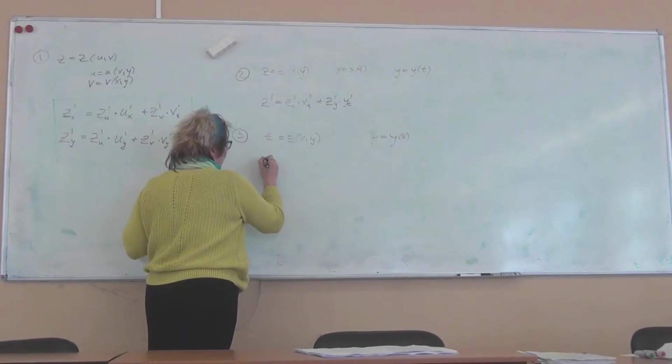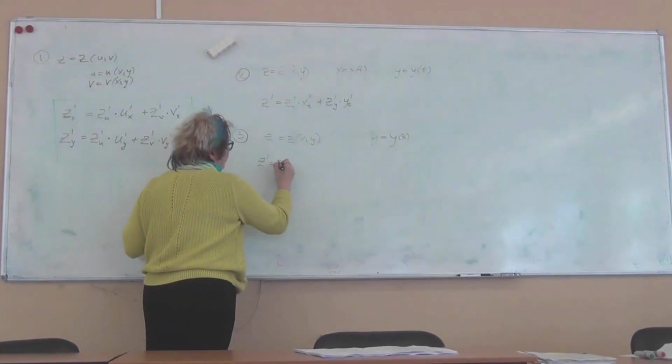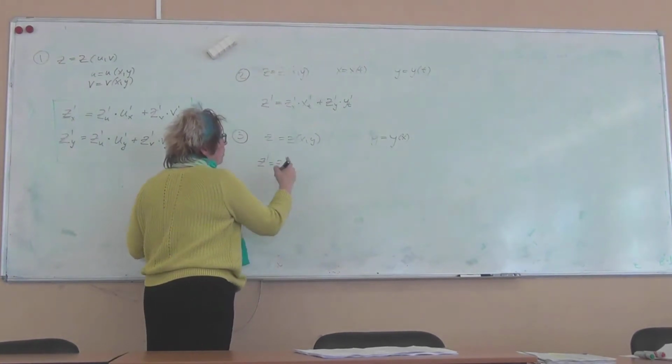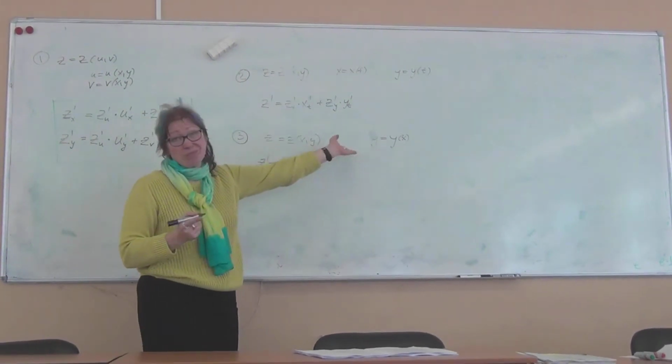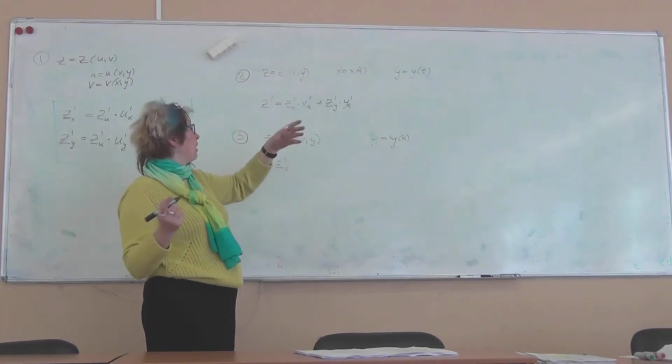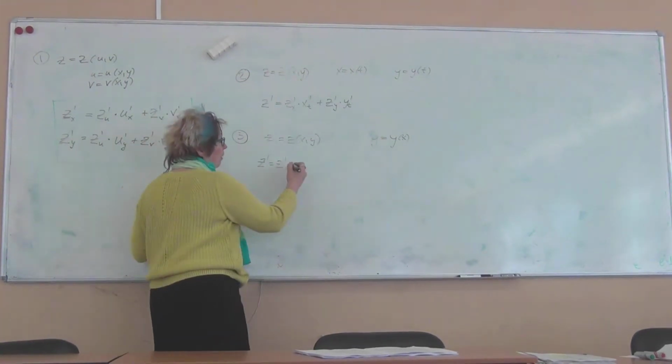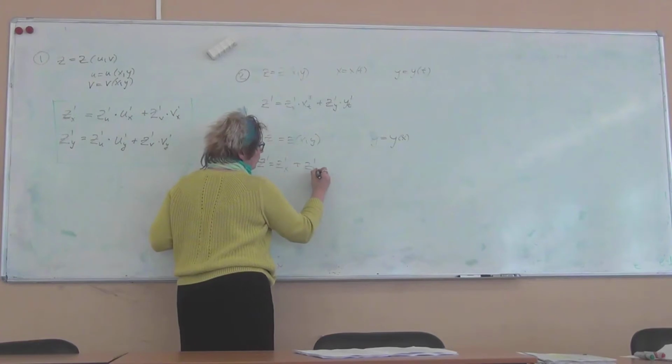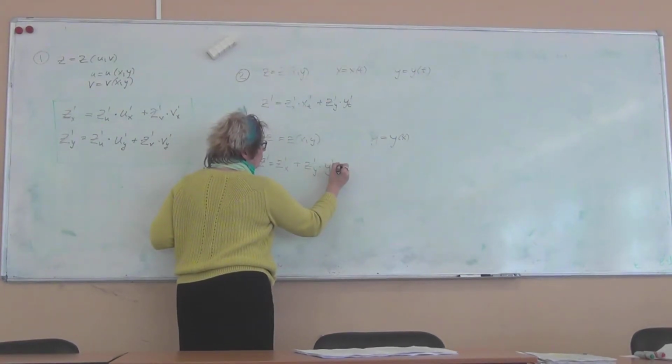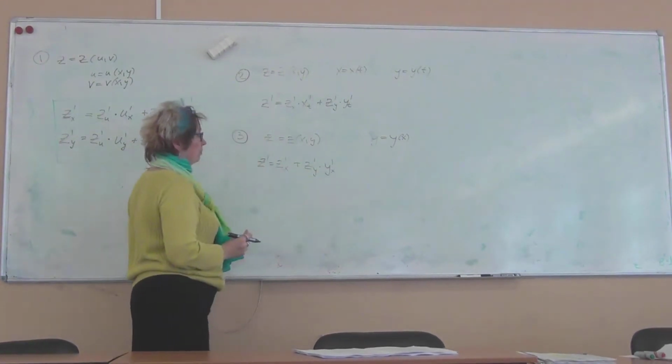Z exact, complete, or full derivative is z derivative by x times x derivative by x. It doesn't depend on anything else, but that's 1, so I don't need to multiply by anything. Plus z derivative by y times y derivative by x.